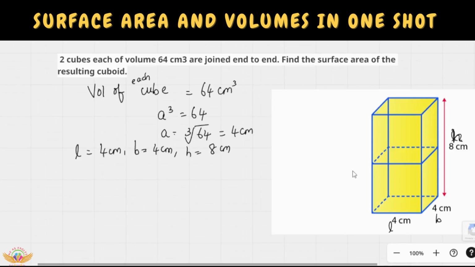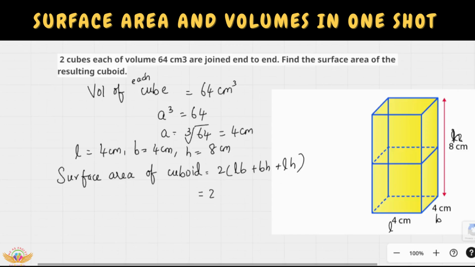Now let us find the complete surface area of the cuboid with the direct formula. Surface area of cuboid is equal to 2 into (LB plus BH plus LH).